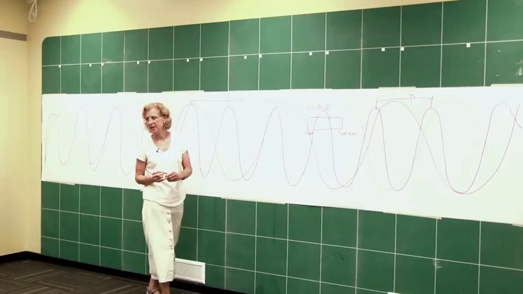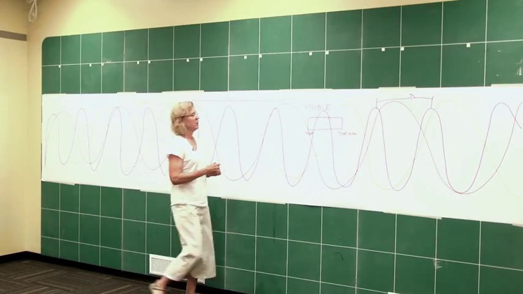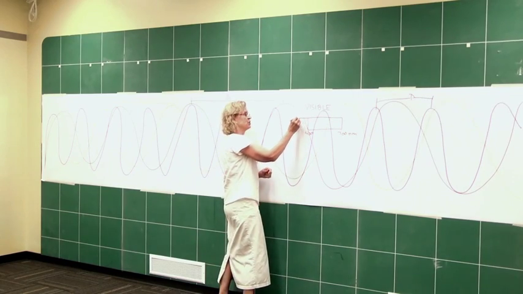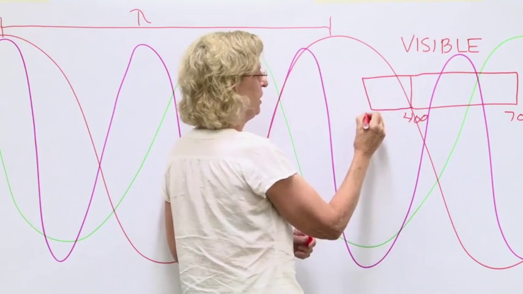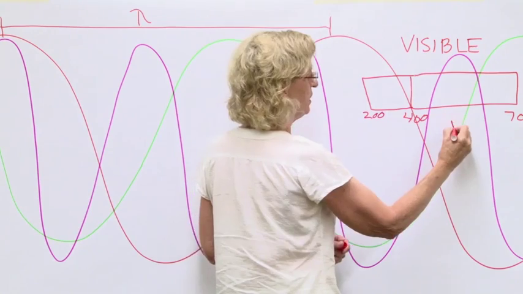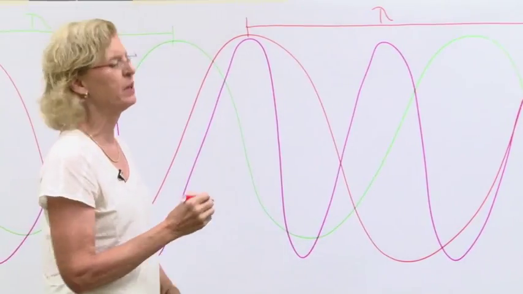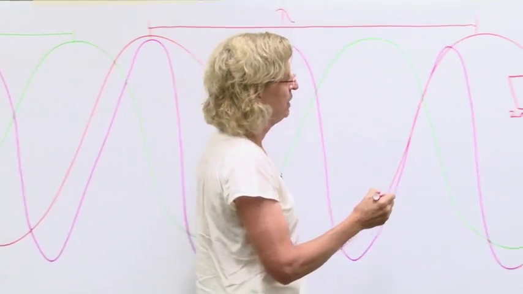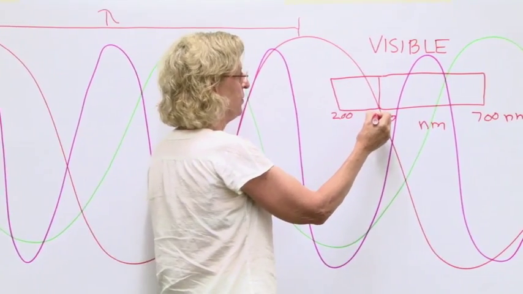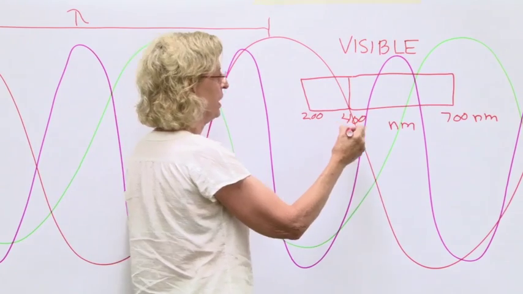There's light that's even shorter than this, from about 200 to 400 nanometers. A nanometer is a billionth of a meter, so it's very, very small. From 200 to 400 is smaller wavelengths.